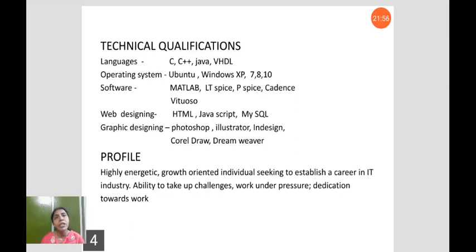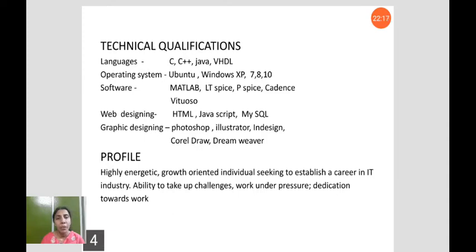So that's why you need to look at what job we are applying for and what qualifications we need. And also for a typist, the knowledge of operating systems is enough.